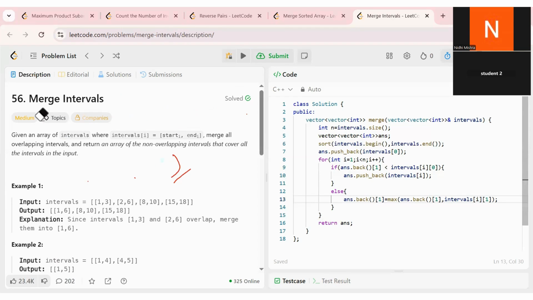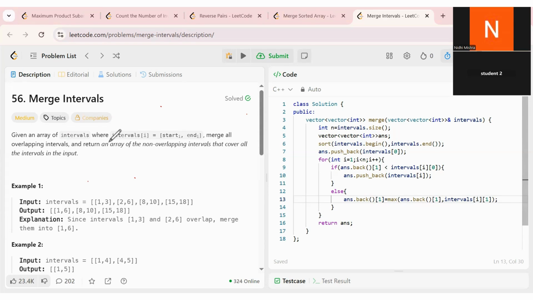Now, can we do something better than this? I can think of something else, but not anything better.